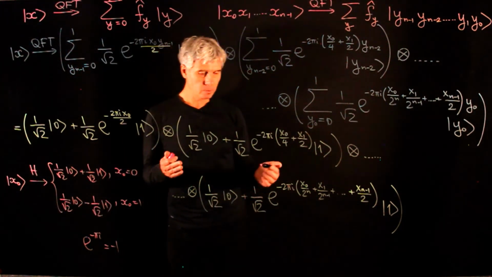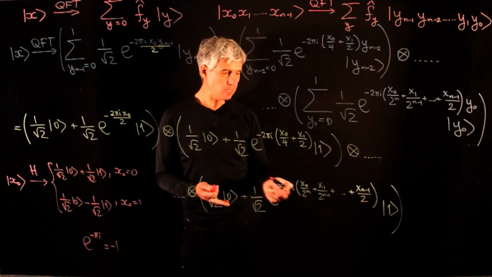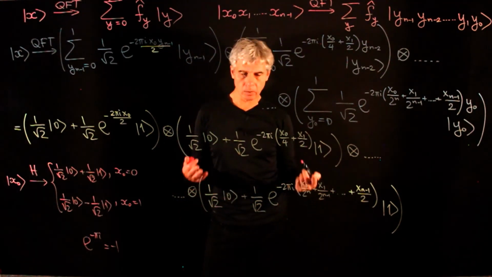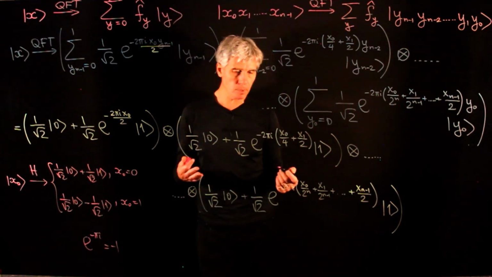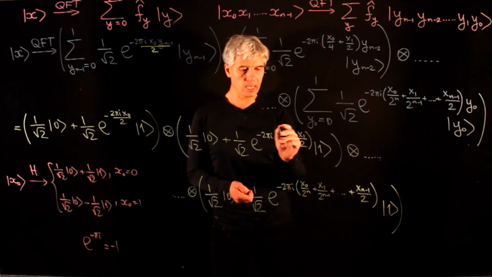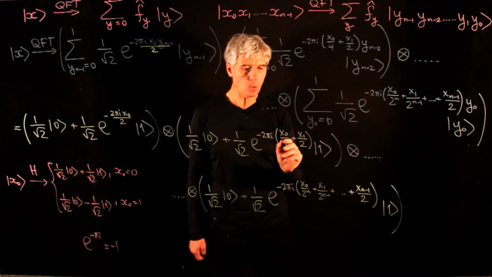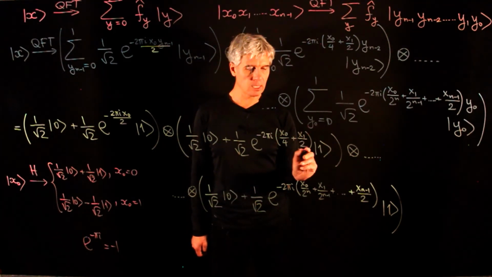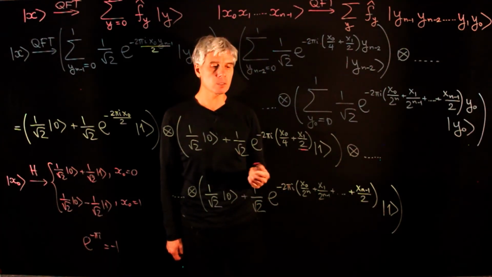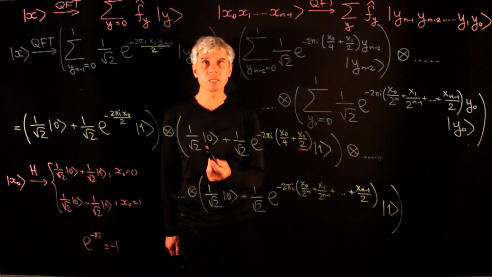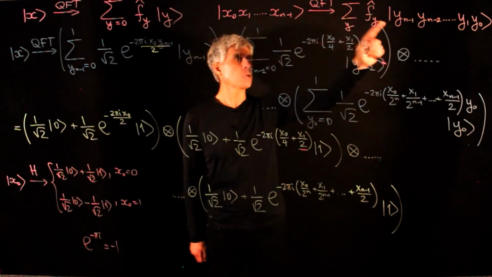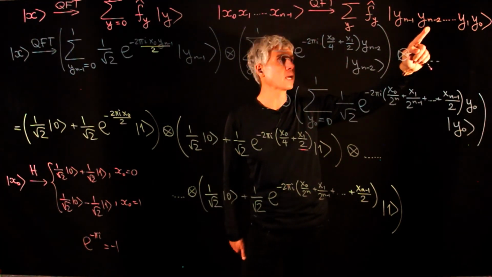If we look at the remaining qubits, then we see that we also have the Hadamard transformation built in there. So for example, if we just forget about this term with x0 over 4, and keep only this term, then this will be a Hadamard transformation applied to the bit x1 and creating the qubit yn-2.